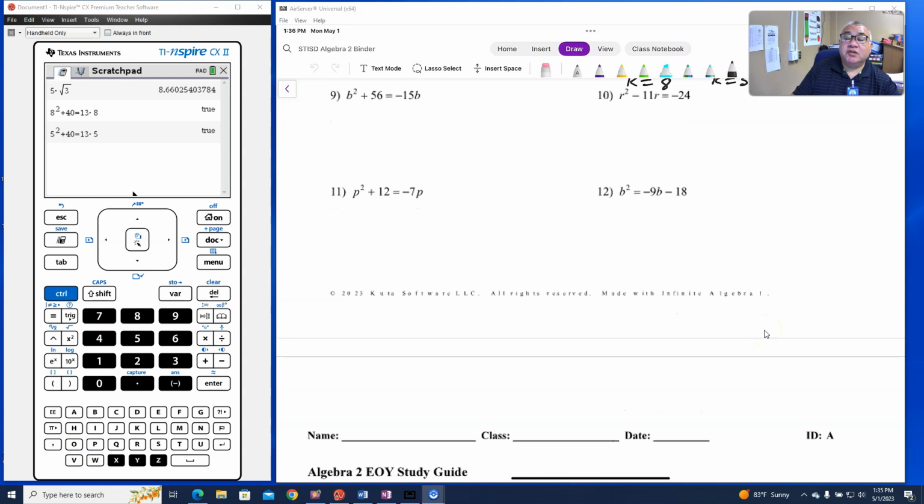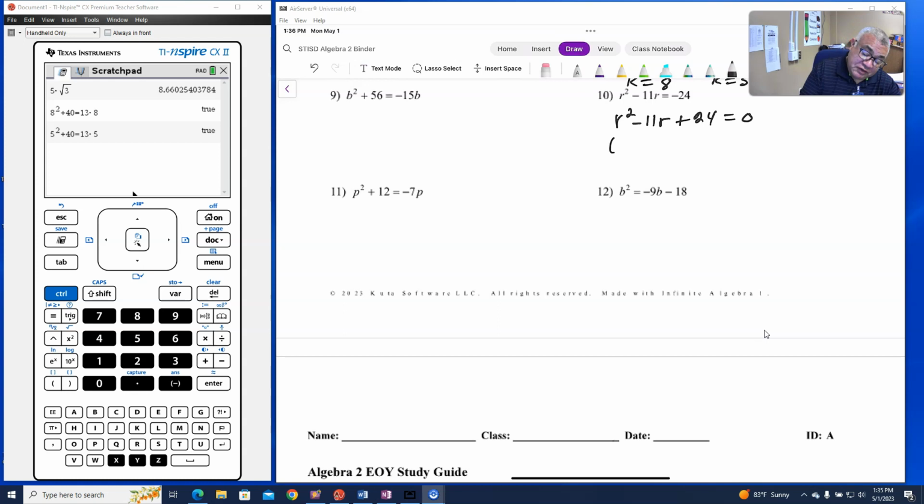Okay, for number 10, we're going to solve r squared minus 11r equals negative 24. So we're going to rewrite it: r squared minus 11r plus 24 equals 0. So go ahead and find the factors of 24 that add up to be negative 11.